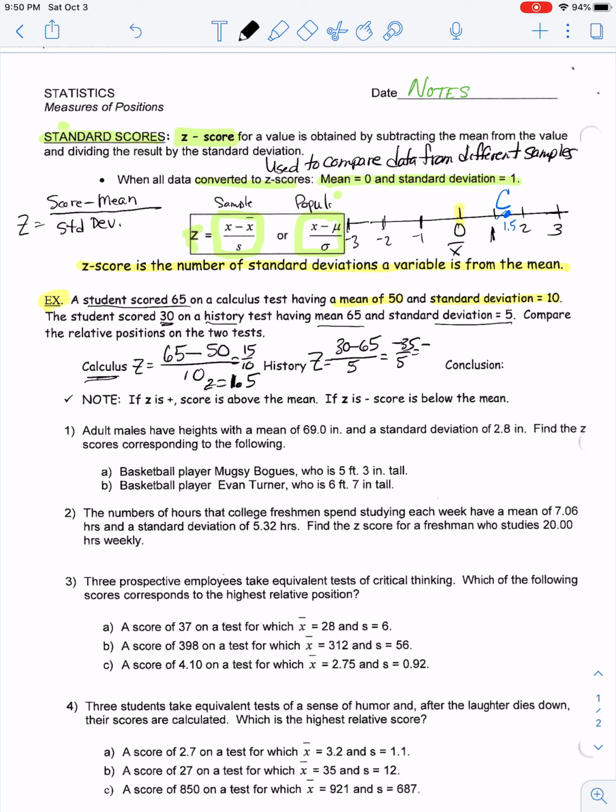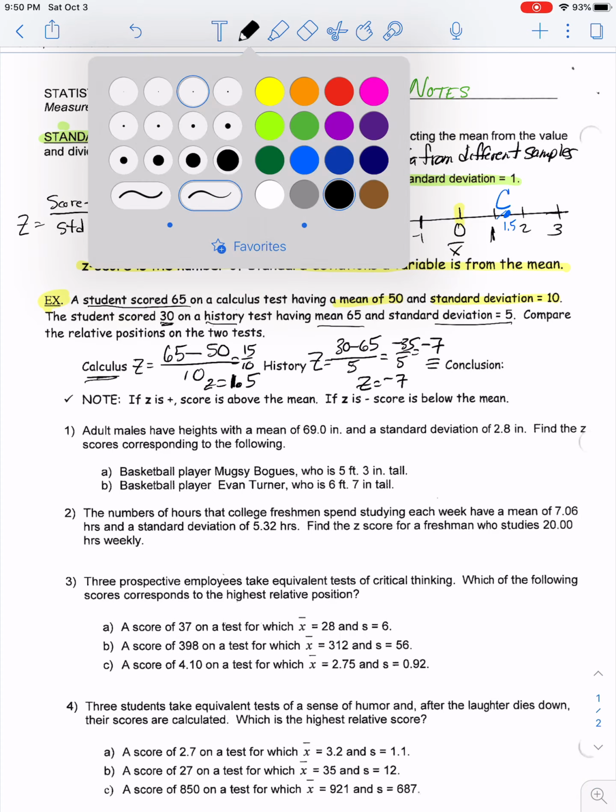Oh dear, z is negative 7. I chuckle because I didn't make my number line big enough to deal with that. We would go clear down to negative 7 deviations below average. So I think that person's probably history in history. A little bit of a joke there.